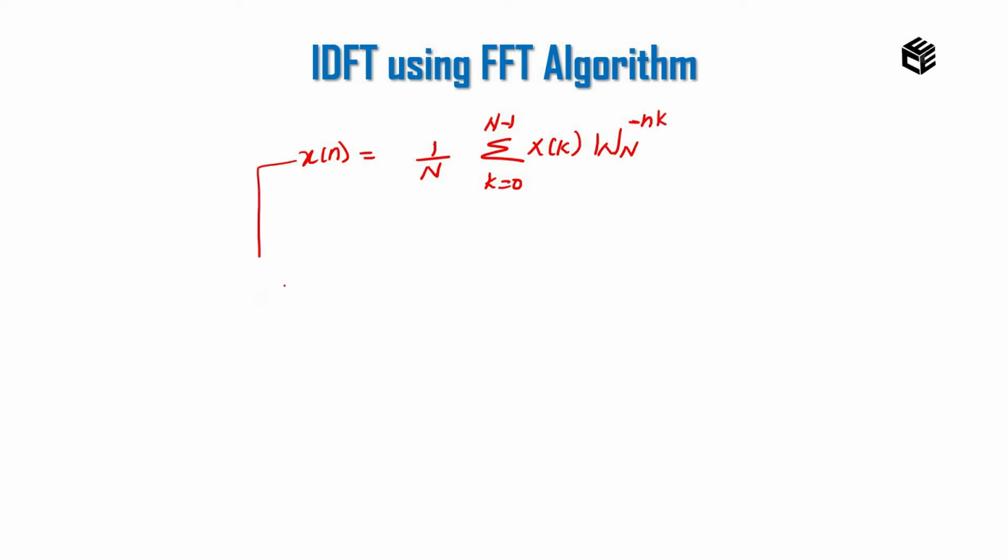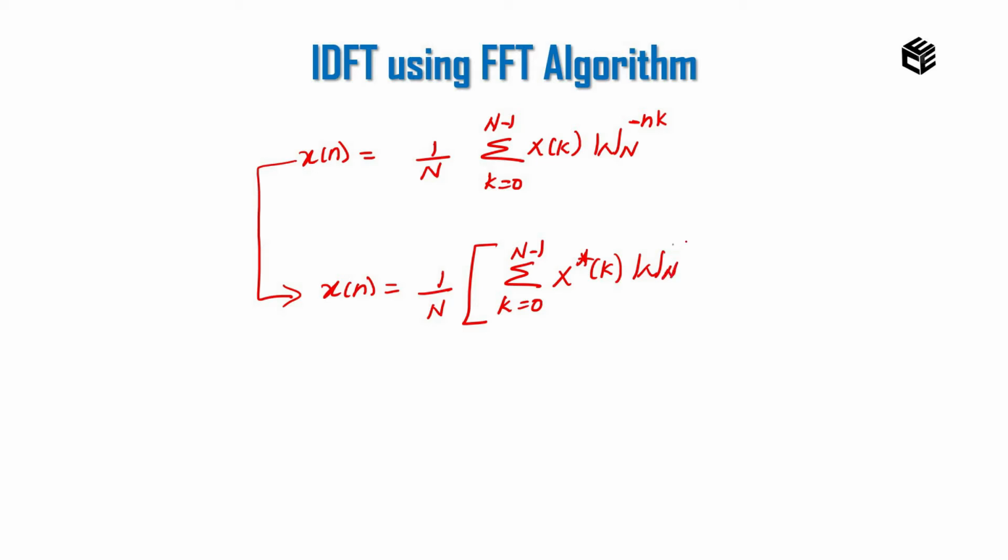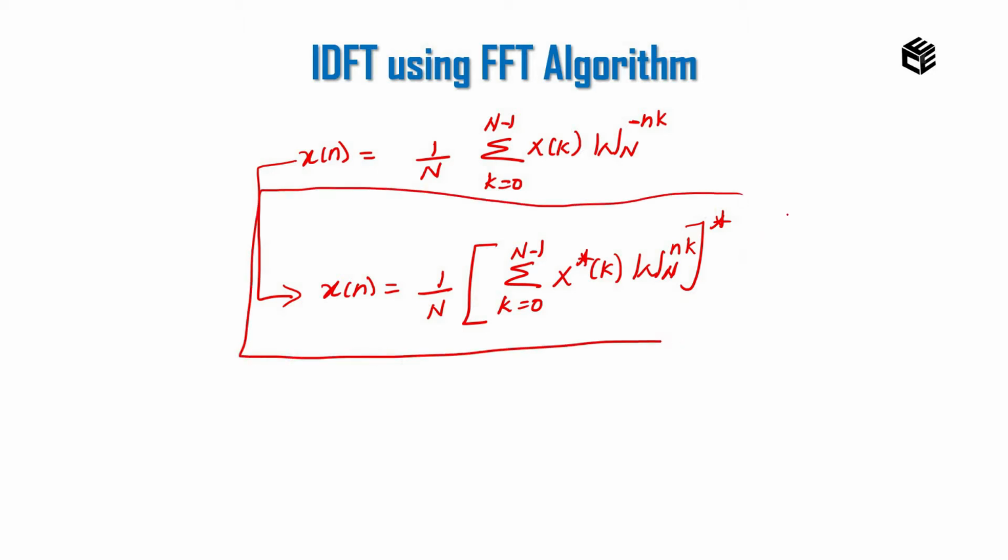We can transform this formula to x of n is equal to 1 by N summation k equal to 0 to N minus 1, X conjugate of k W N to the power nk, the whole conjugate. So this is the formula we are going to use to find the IDFT of a given sequence with the help of this FFT algorithm.